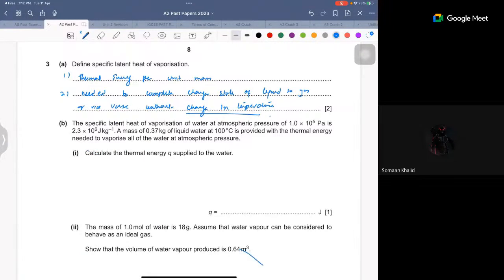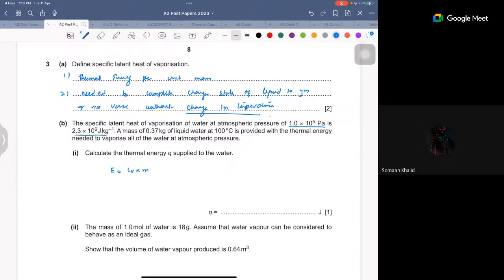Then it says the specific heat capacity, atmospheric pressure is given, mass is given, and calculate the thermal energy supplied Q to the water. Okay, we can do that. E equals Lv times m. So this is the formula.